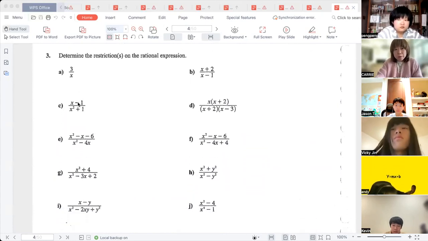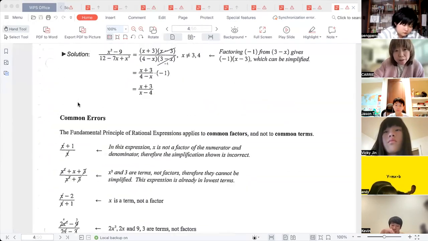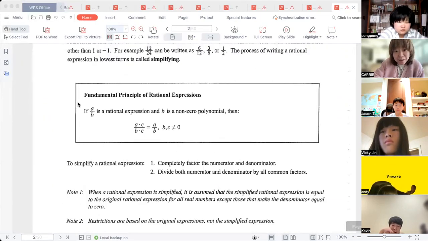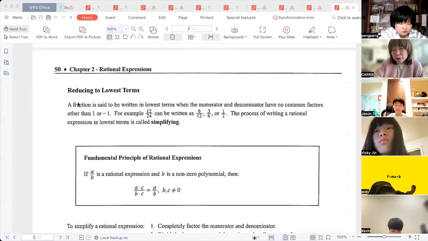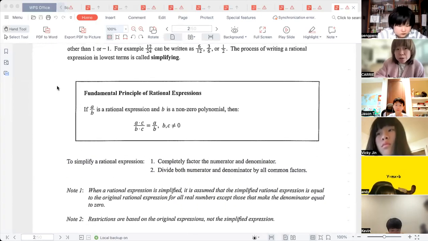Number 3. Okay, so let's take a look at how to reduce to lowest terms.